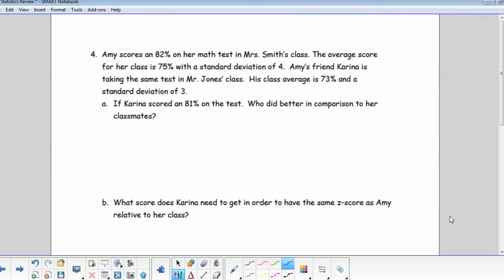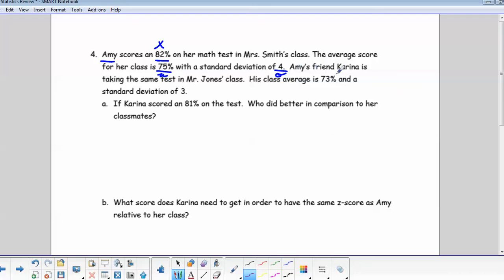All right, Amy scores 82% on her math test in Mrs. Smith's class. So this is Amy, 82%. That would be the X in your z-score formula. The average score is 75, so 75 would be the mean, and standard deviation of 4. All right, let's switch colors for Karina.